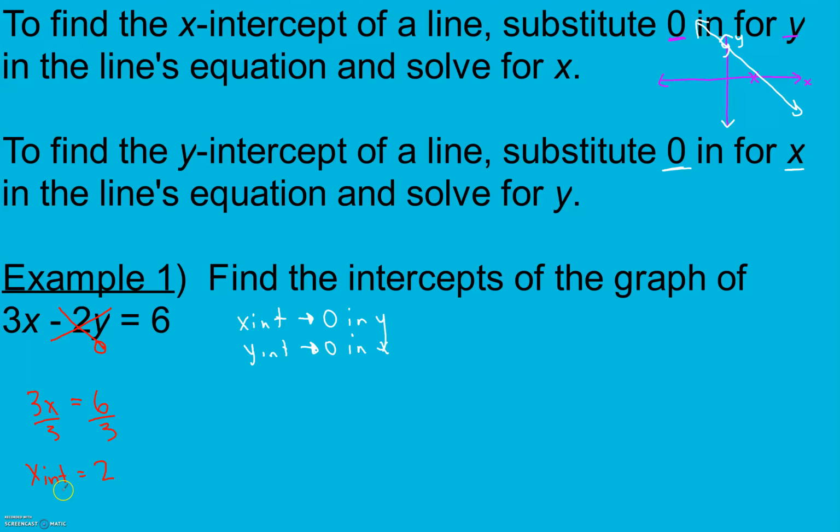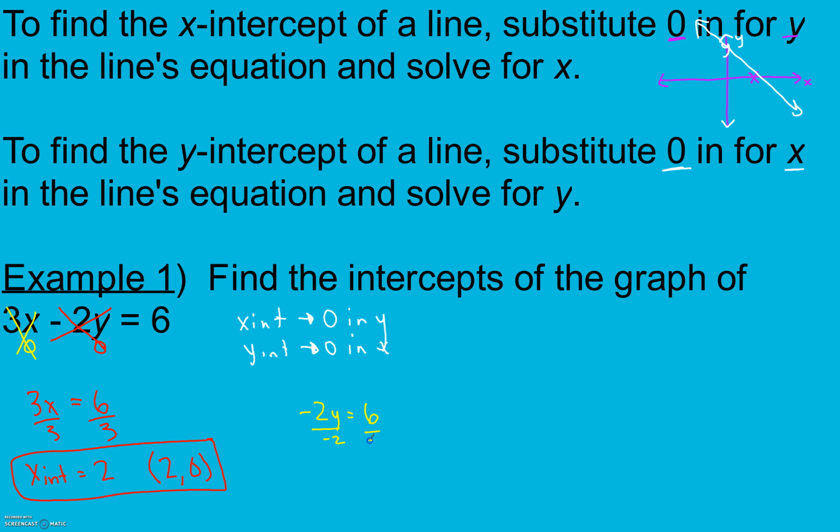And I say x-intercept rather than just x equals because we know x equals is a line. We don't want a line here, we want the point. I can also put that point in as x is 2. We said y is 0. To find my y-intercept, I make x 0, because we want our x to disappear. 3 times 0 is 0. 0 minus 2y is negative 2y.